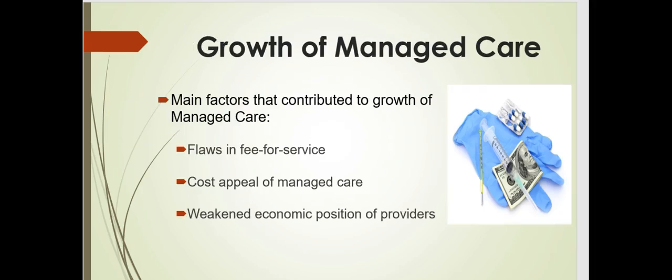All right, now the next slide. So the main factors that contributed. The first one, flaws in fee-for-service, which I just briefly touched on. The second one, the cost appeal of managed care. All right, so regarding cost appeal of managed care, let me jump to slide number 21.